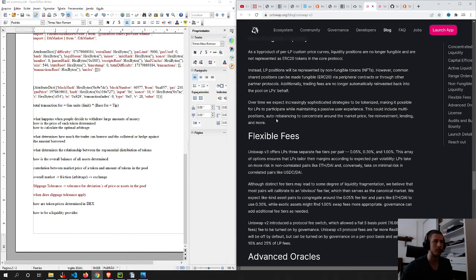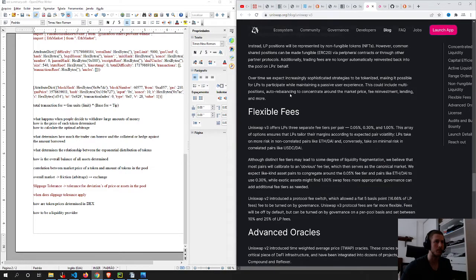Additionally, trading fees are no longer automatically reinvested back into the pool on LPs' behalf. Over time, we expect increasingly sophisticated strategies to be tokenized, making it possible for LPs to participate while maintaining a passive user experience. This could include multi-position auto-rebalancing to consider current market price, fee reinvestment, lending, and more.